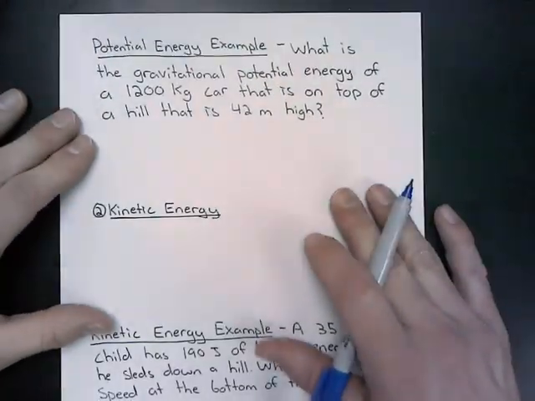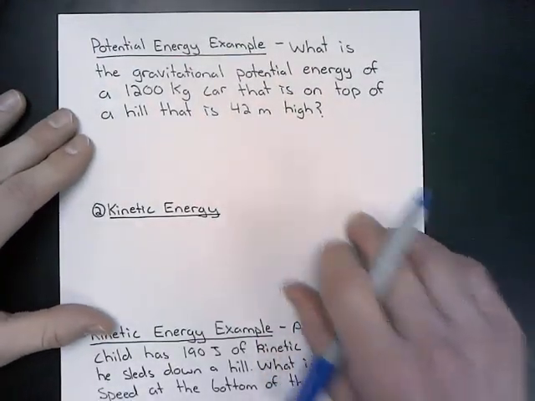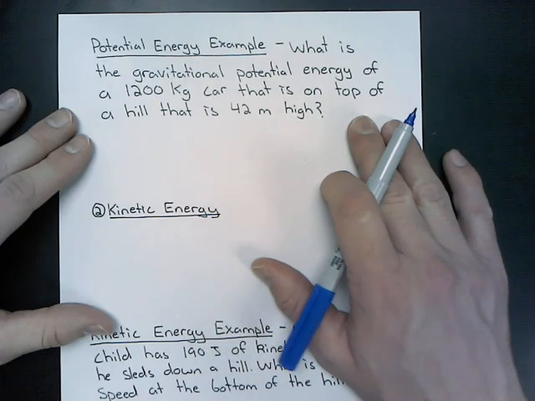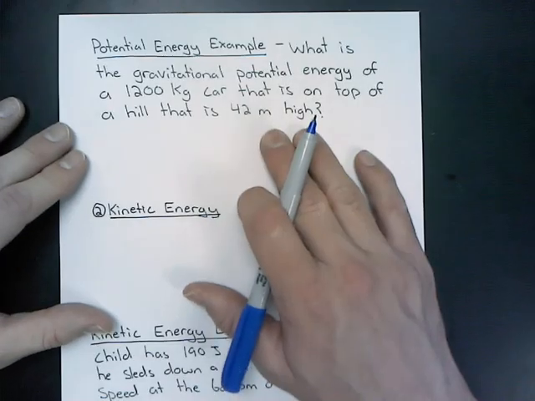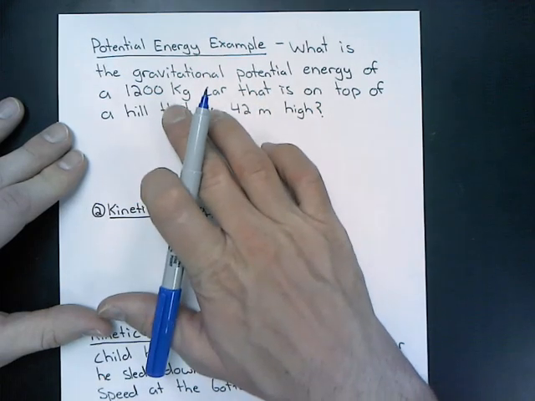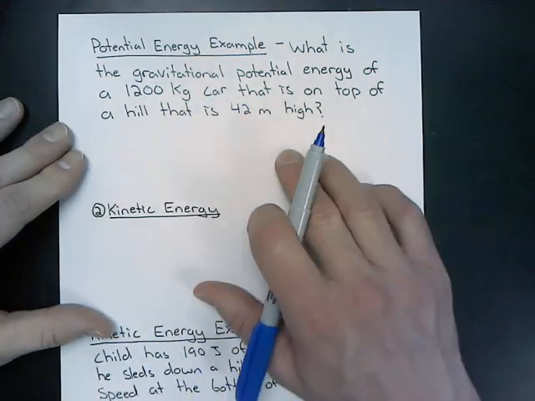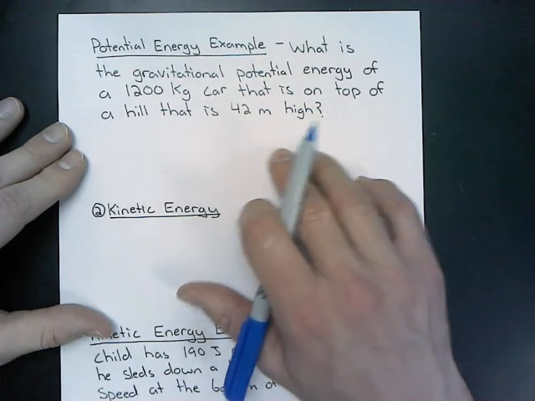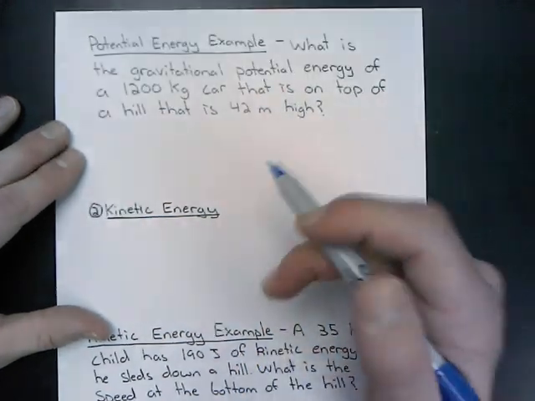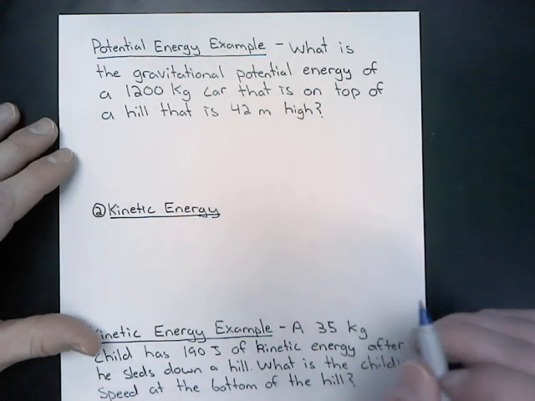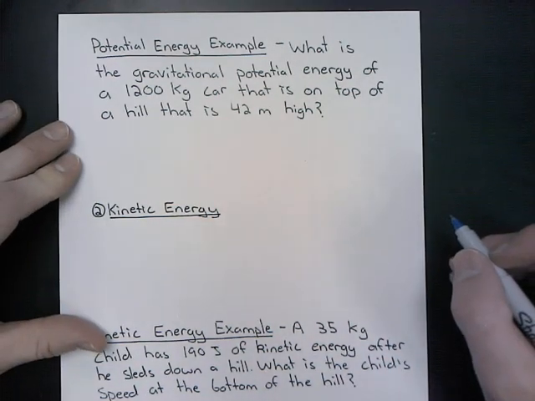In our example on the second page, we want to know what is the gravitational potential energy of an object that has a mass of 1,200 kilograms and it's on top of a hill that is 42 meters high. As I mentioned on the previous page, there is a formula for potential energy.